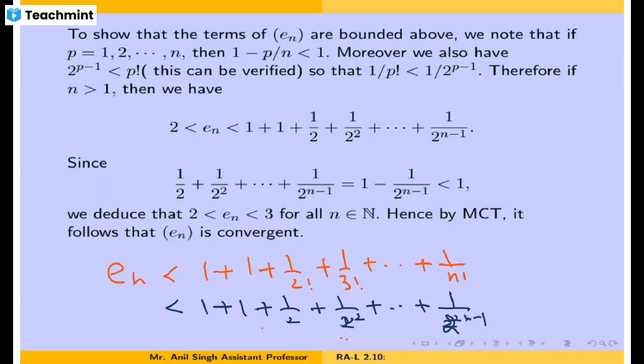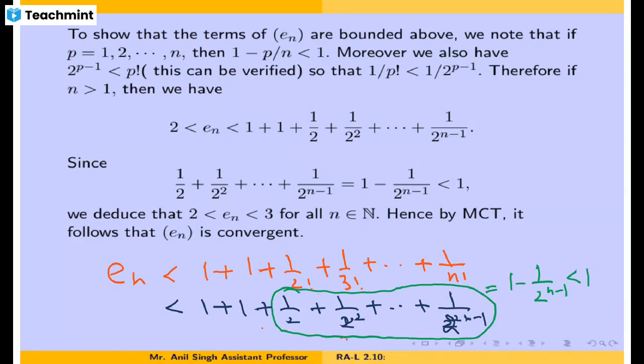And now this is a geometric sum, and this geometric sum is 1 minus 1 by 2 to the power n minus 1, and clearly the geometric sum is less than 1. Hence this total sum has to be less than 3. That gives us that E_n is actually less than 3, and this is greater than or equal to 2.